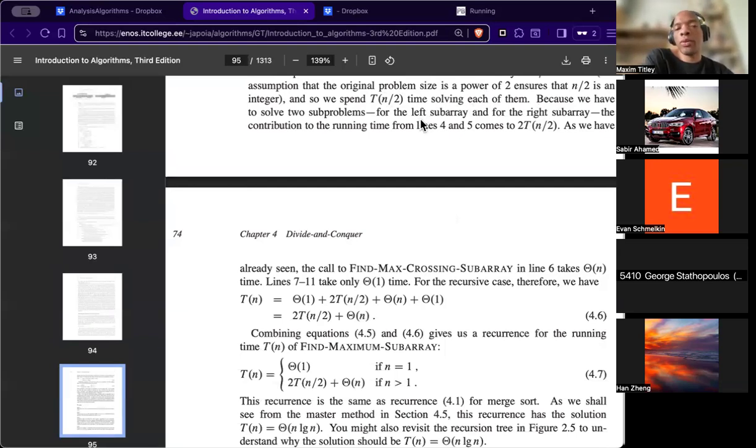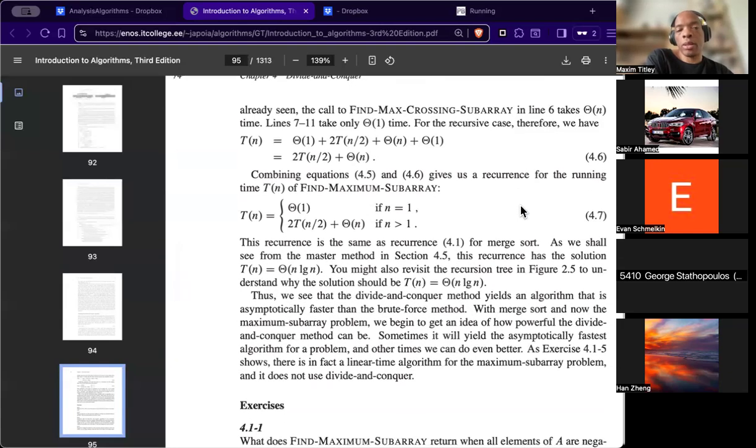Because we have to solve 2 subproblems, for the left subarray and the right subarray, the contribution to the running time from lines 4 and 5 comes to 2 times T of n over 2. All right, 2 times a subproblem of half of the whole problem, as we've already seen.